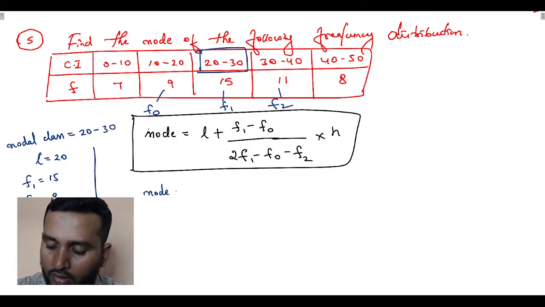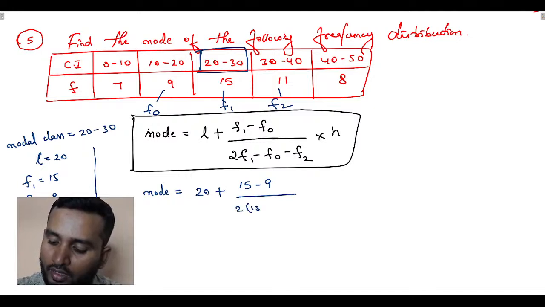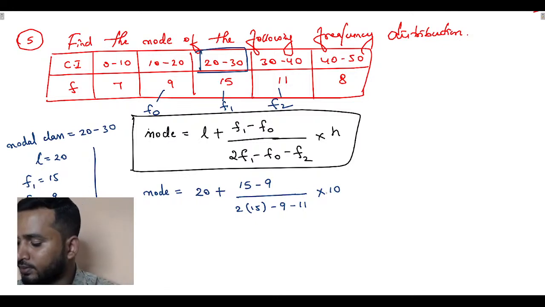Mode is equal to L, which is 20, plus F1 is 15 minus F0 is 9, divided by 2 into F1 is 15 minus F0 is 9 minus F2 is 11, into H is 10.